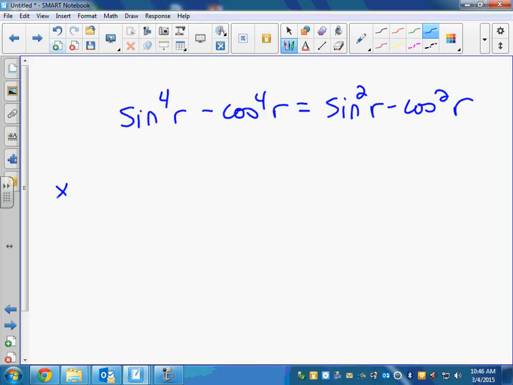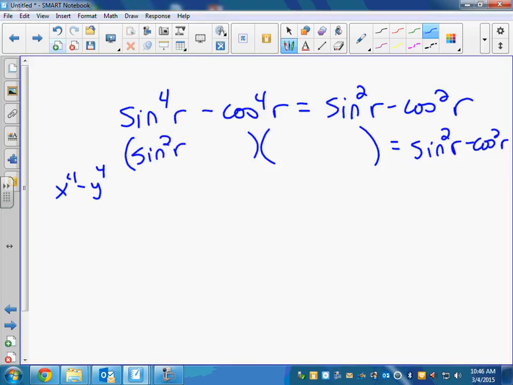What if you had x to the fourth minus y to the fourth? Could you do anything with that? Can you factor that? Is that still the difference of two squares, just to the fourth power? So let's factor this. What does sine to the fourth factor into? And cosine to the fourth would be cosine squared plus, minus.